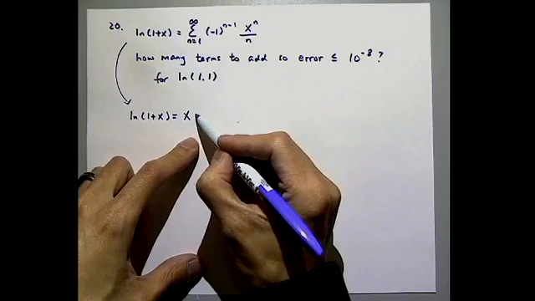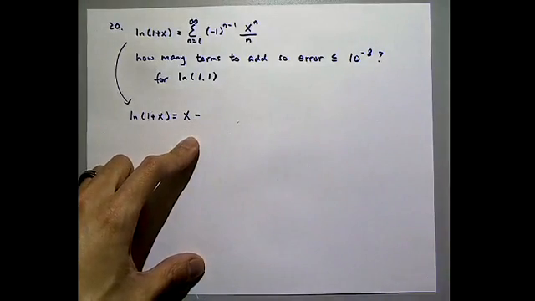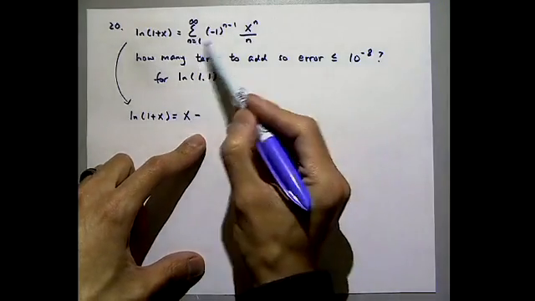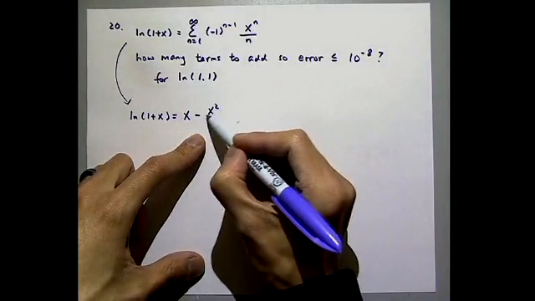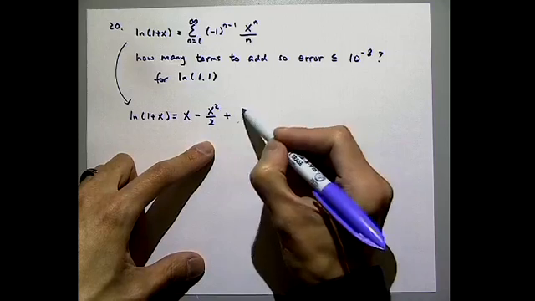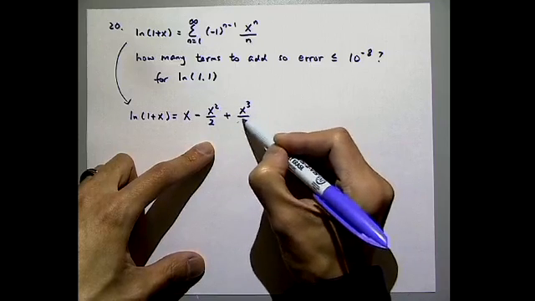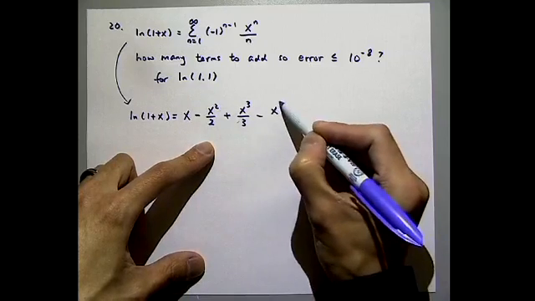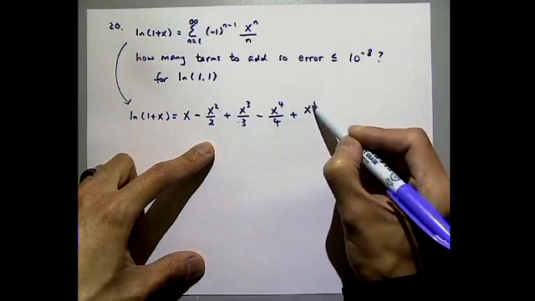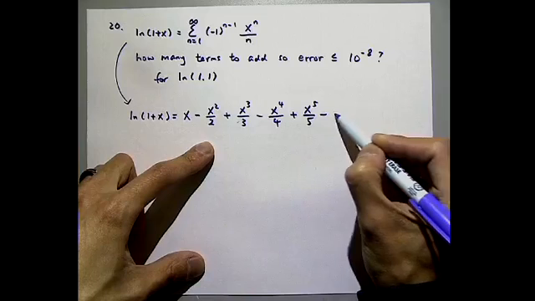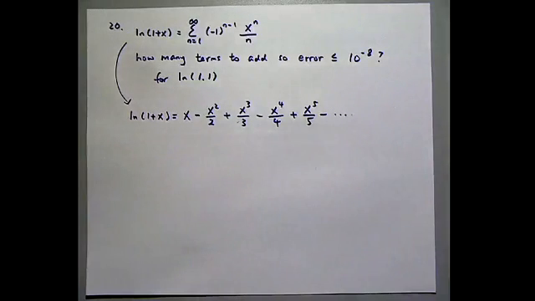And then the signs start to alternate. n is equal to 2, x squared over 2, and then x cubed over 3 minus x to the 4th over 4, and so on.